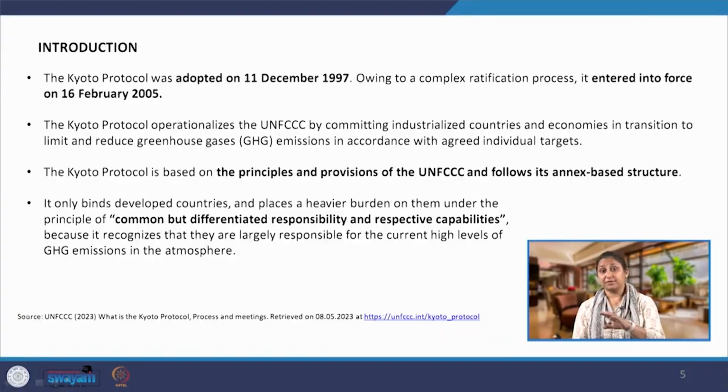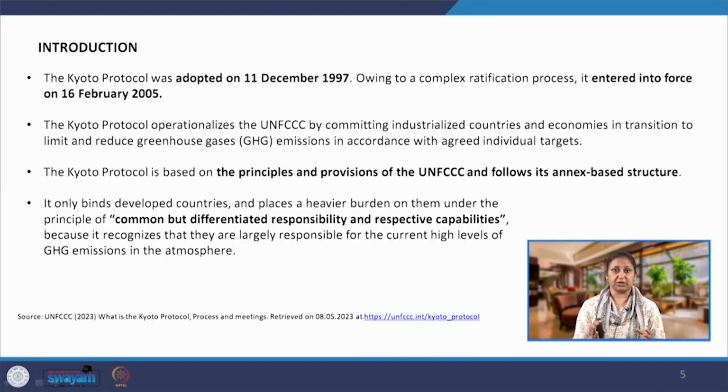But how it will be done was subsequently discussed in different conference of parties, and the first and the most important of that being Kyoto Protocol. So, we will quickly read in this lecture an introduction to Kyoto Protocol, different mechanisms of Kyoto Protocol, some amendments, and then the successor to Kyoto Protocol, which we will take in the next lecture tomorrow, the third lecture of this week.